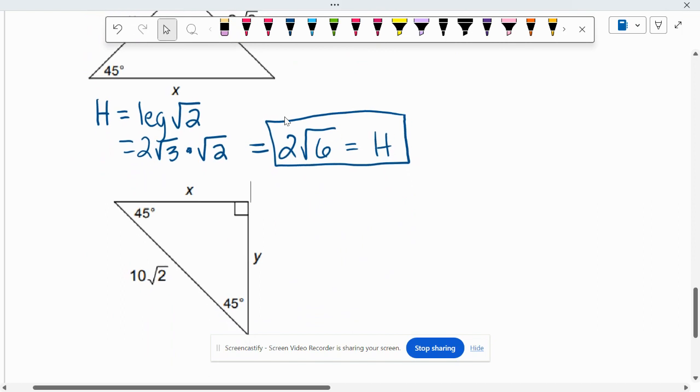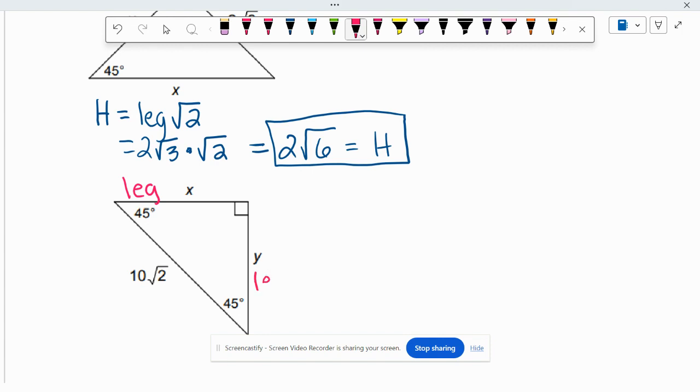In my second example, I don't know the legs. I only know the hypotenuse. So I have to use the formula that says the leg equals the hypotenuse. Am I going to do the hypotenuse divided by the square root of 2, or am I going to use the hypotenuse times the square root of 2 all over 2? The first one.